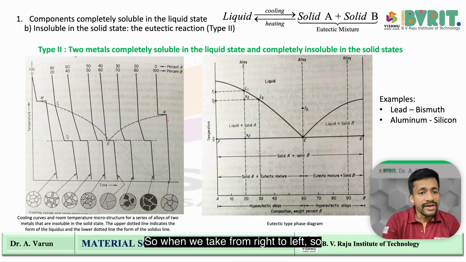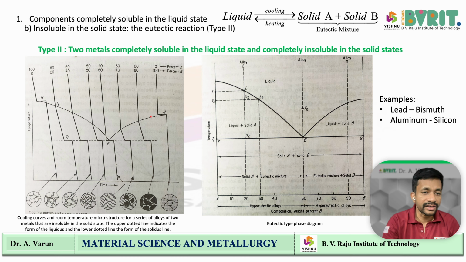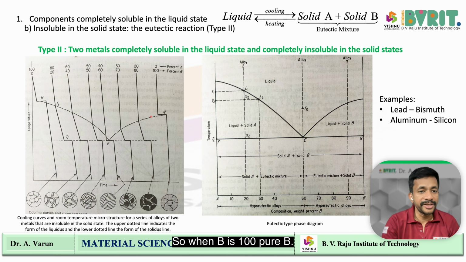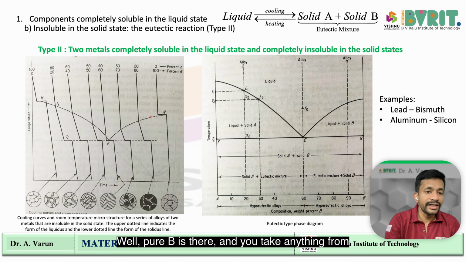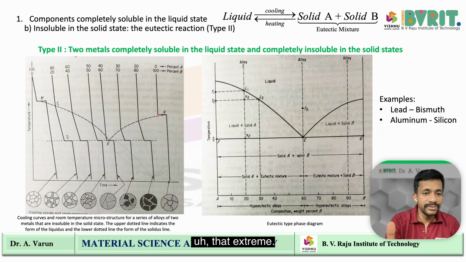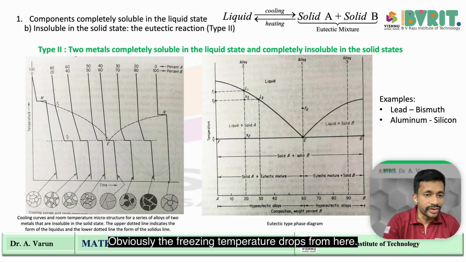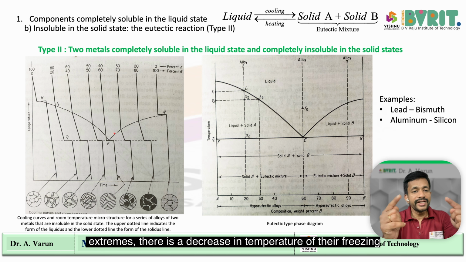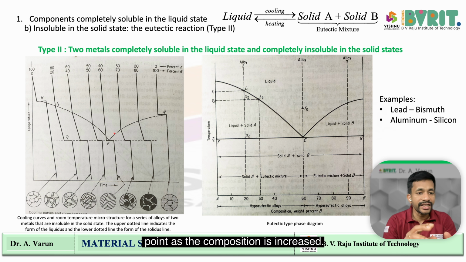Let's say this extreme is considered as A is 0 and B is 100, so pure B. When you take anything from that extreme, it is like A is alloyed in B. So when A is alloyed in B, obviously the freezing temperature drops from here. As you can see, from both extremes, there is a decrease in the freezing point temperature as the amount of alloying element is increased.